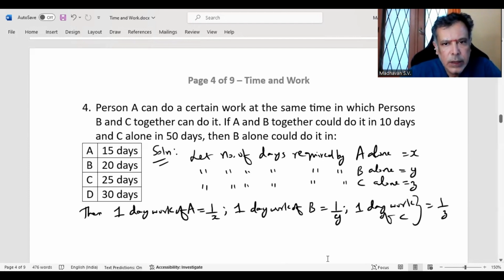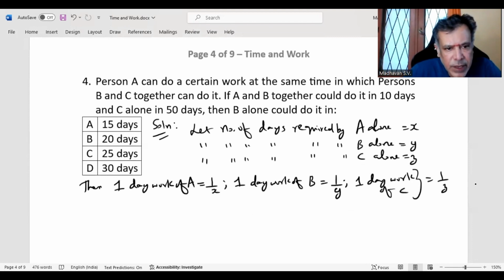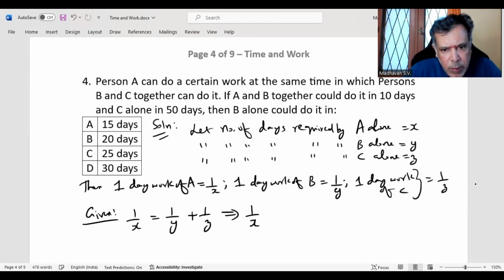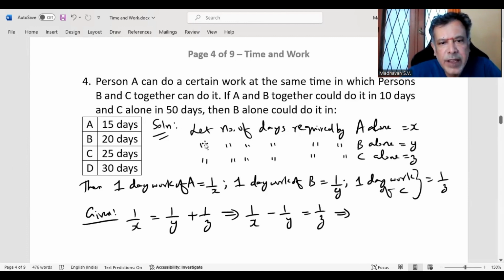Now, what it says: person A can do a certain work in the same time in which persons B and C together can do it, which means that, given, 1 by X is equal to 1 by Y plus 1 by Z. Or we can rewrite this as 1 by X minus 1 by Y equal to 1 by Z. Further, they already gave you C alone can do the work in 50 days, which means the Z value is 50.